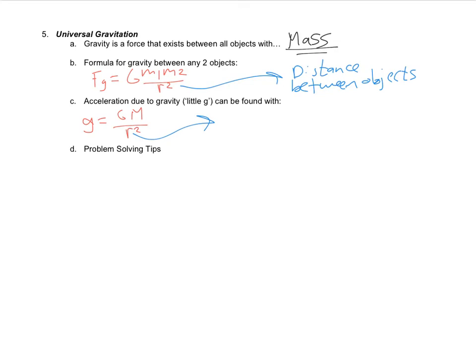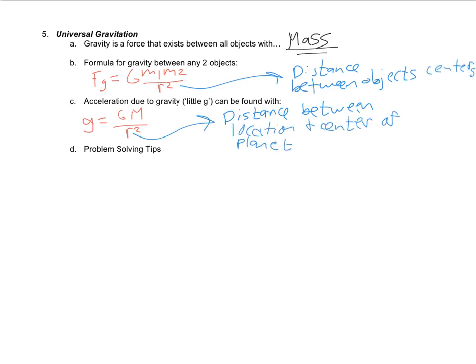And so the r in this case is the distance between the location where you're finding g and the center of the planet. And I keep saying planet, but really it could be any object. It could be a moon, it could even be an asteroid or a meteor or something like that. So it's really a distance between the location or the object and the center of the other object.